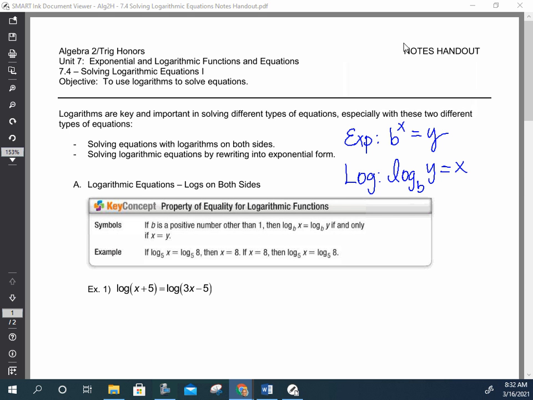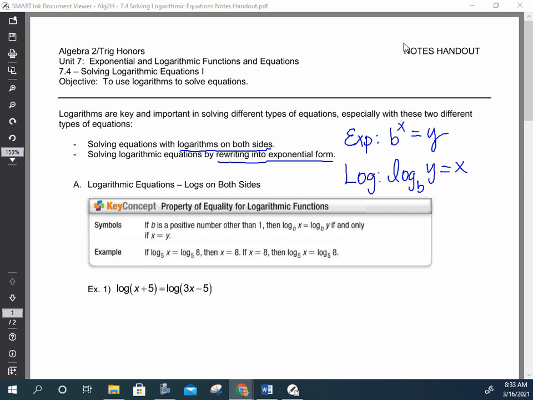So yesterday, we looked at how to convert back and forth between the two and do some basic evaluating with the actual expressions. So today, we're going to actually solve equations with them. For a logarithmic equation, to start out, there are two different ways to solve the equation. One of them is when you have logs on both sides, and the other is by doing a rewrite.